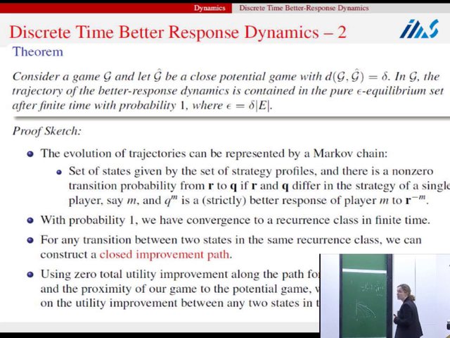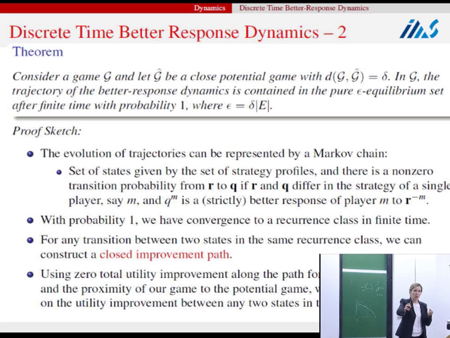Okay. How does the proof work? Just to give an idea. Well, we use a very natural Markov chain representation for the analysis of this finite game. So we map each of the strategy profiles to a state, so that yields a finite Markov chain. And there will be a transition between the states if r and q differ in the strategy of a single player, and q_m is a strictly better response for player m.